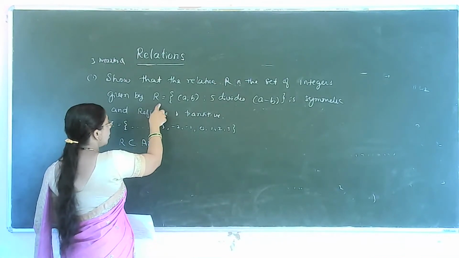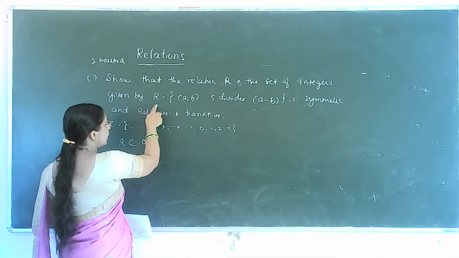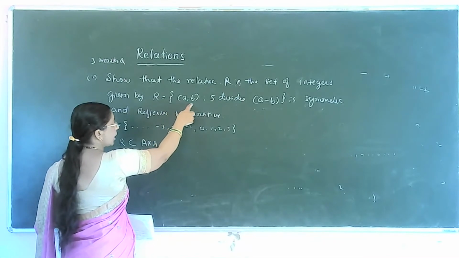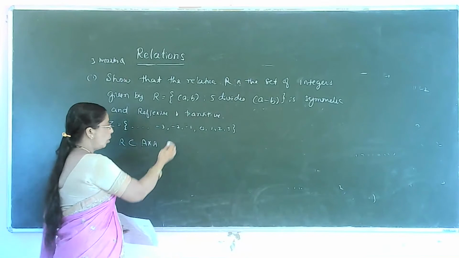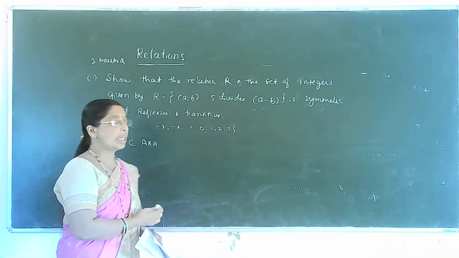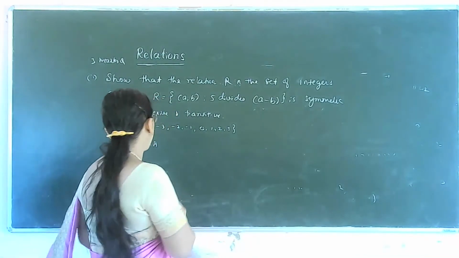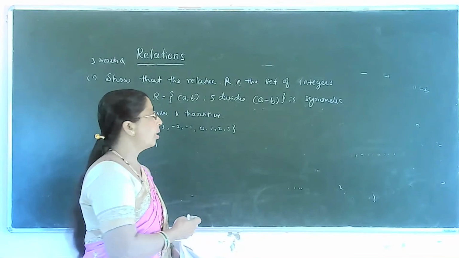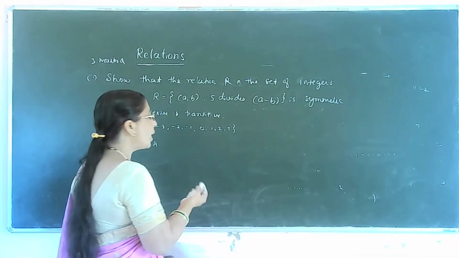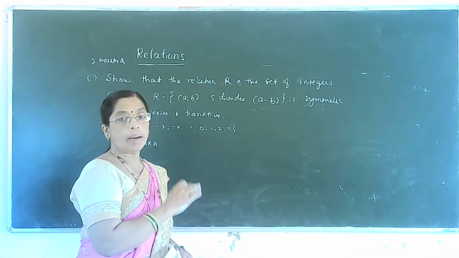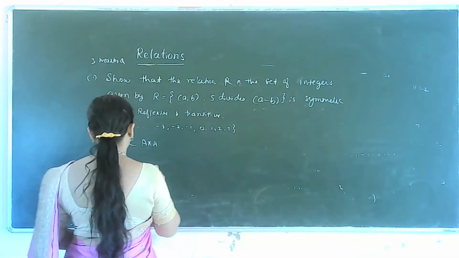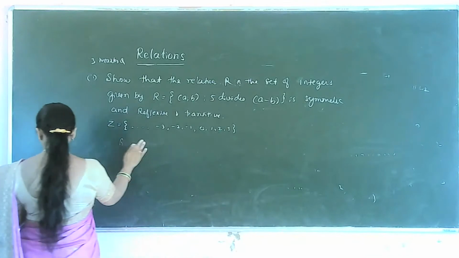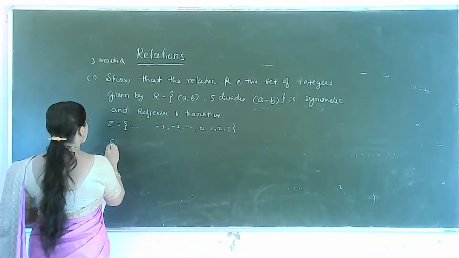Here the subset is (a,b) such that 5 divides a minus b. That is, you select from A cross A the ordered pairs where a minus b is divisible by 5.